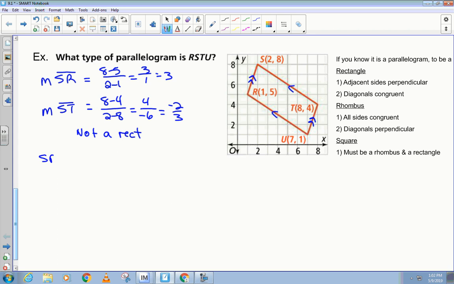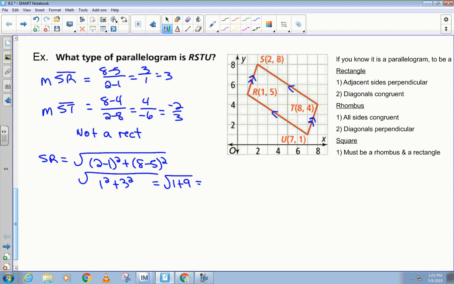If I looked at SR, we're going to use distance this time. That would be 2 minus 1 quantity squared plus 8 minus 5 quantity squared. That would be 1 squared plus 3 squared, which is 1 plus 9, which is radical 10.